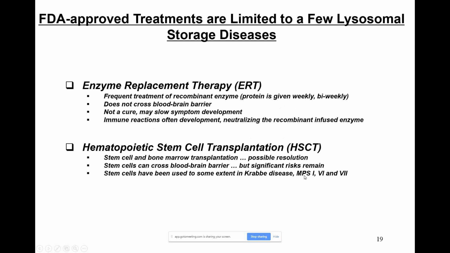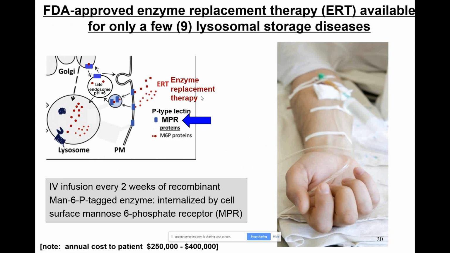It's been used for a few of the different lysosomal storage diseases, and clinical trials were first done back in 1981 for this type of treatment. Now, looking at enzyme replacement therapy, why I talked to you about the P-type lectins is that for all of the lysosomal storage diseases, there are about a total of 70 of them.